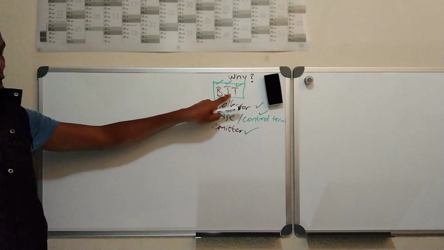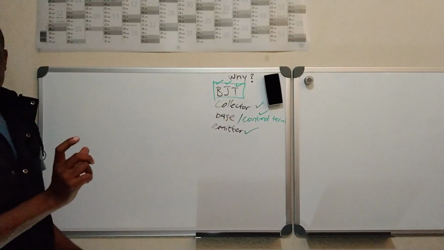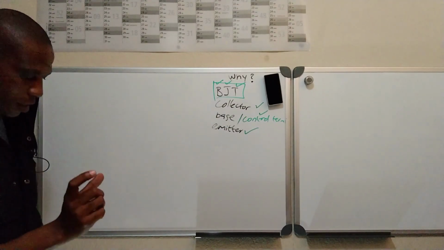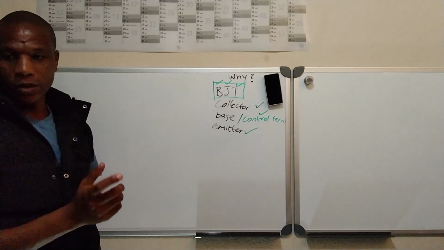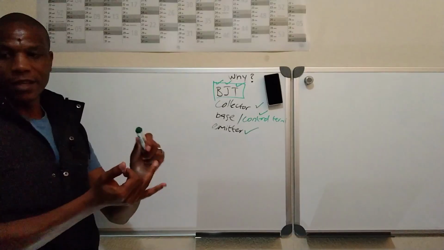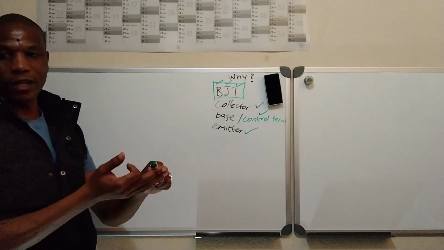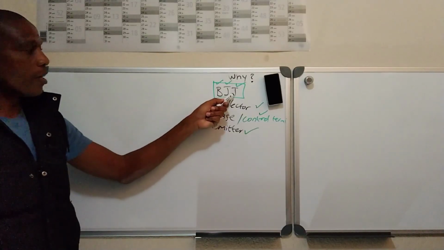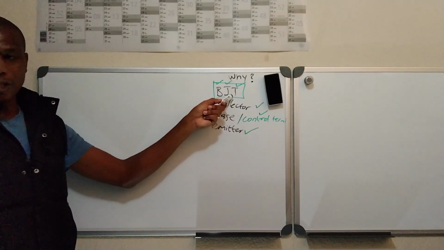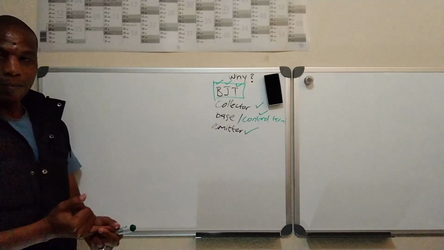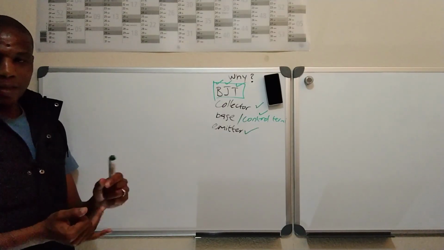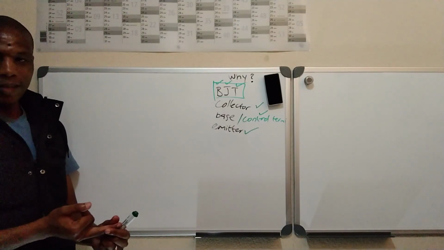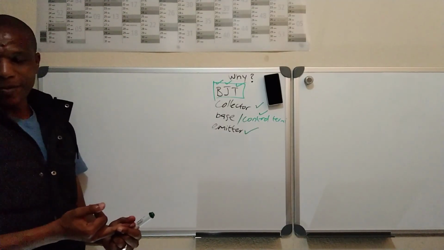Junction, we get the two junctions when we mix the three terminal semiconductors. What are they? Emitter, base, collector. So what are the names of the two junctions? The PN junction. It's a base collector. No, not emitter, base.